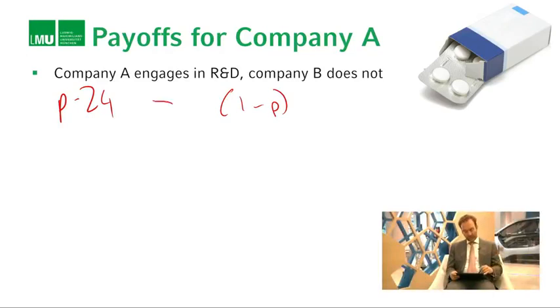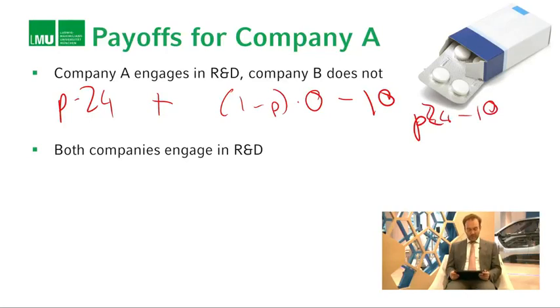If they are unsuccessful, they make 0 profits, so it's 1 minus P, the likelihood of not being successful, times 0. And in any case, we have to pay the fixed cost of doing R&D, which is 10 million. So the payoff for company A doing R&D on their own is P times 24 minus 10.